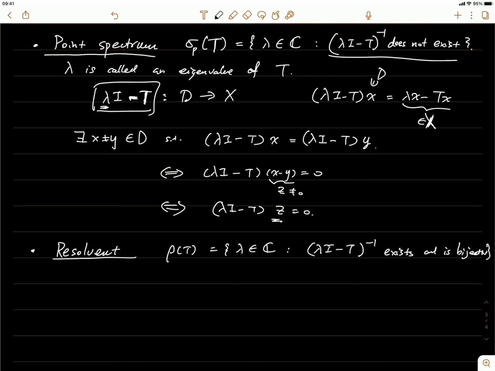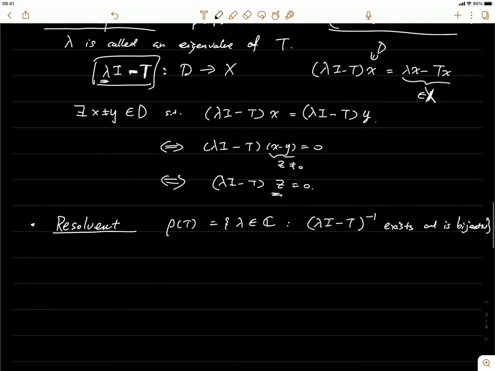So remember we mentioned before that lambda I minus T is a mapping from D to X. The inverse exists means that the null space of this is just 0.